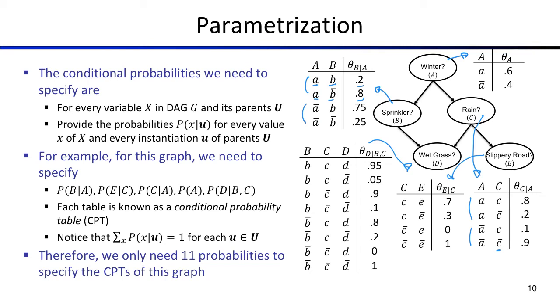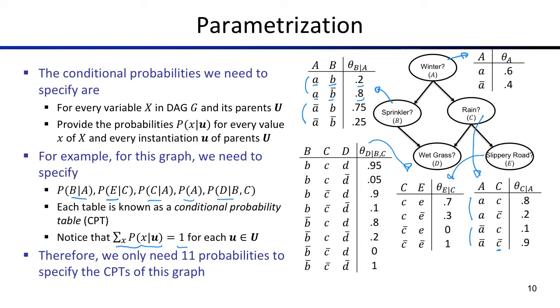So we see that if we have 1, 2, 3, 4, 5 nodes, we will also need 5 conditional probability tables. It's interesting to see that if we sum the values of x, keeping the parent constant, it will sum to 1. So we can understand each conditional probability distribution as a family of distributions.